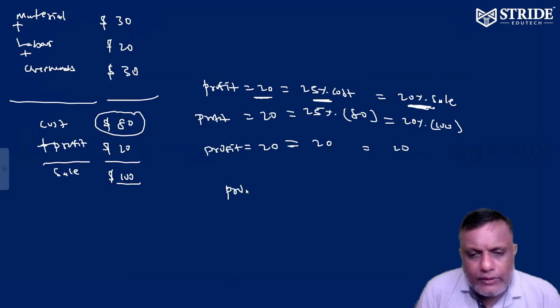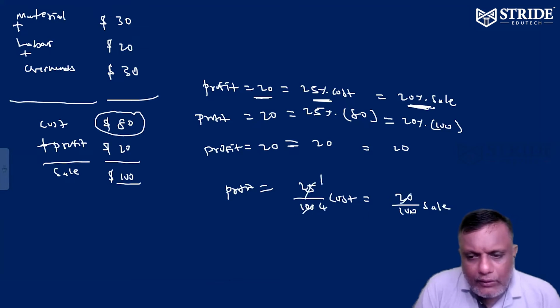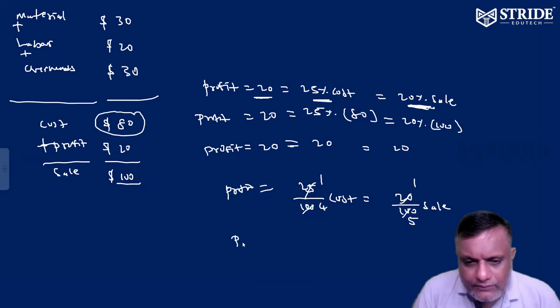In the given example, 20 is 25% of cost, which is equivalent to 20% of sales. That is equivalent to 1/4 of cost, and if you simplify, 1/5 of sale. 1/4 of cost, 1/5 of sale. 20 under 120, 4 into 20 is 80, 5 into 20 is 100. Simple math calculation.